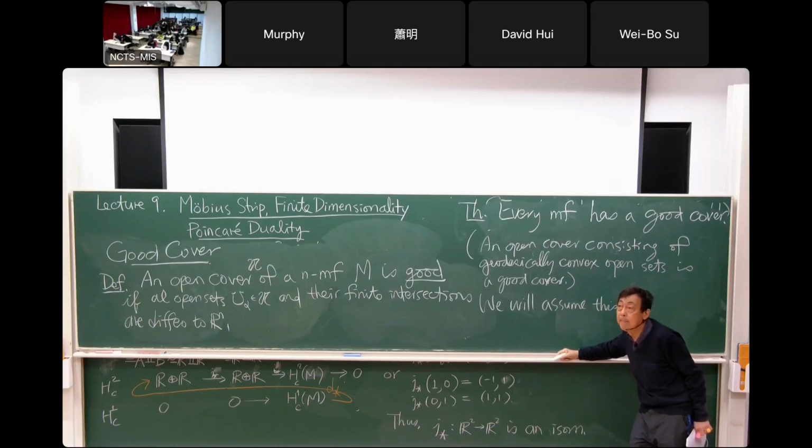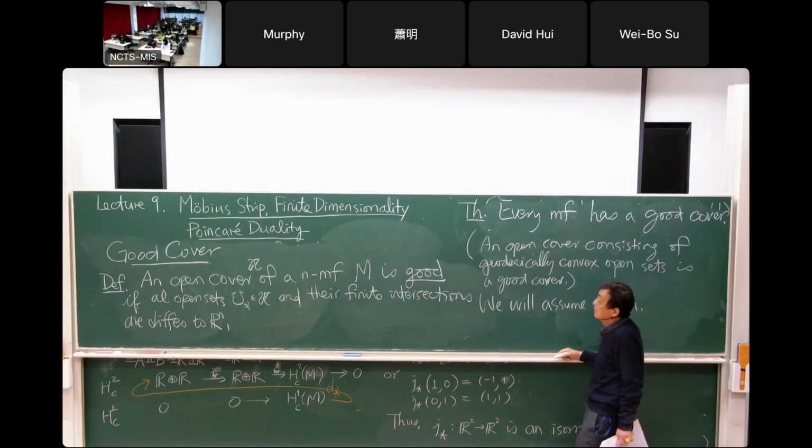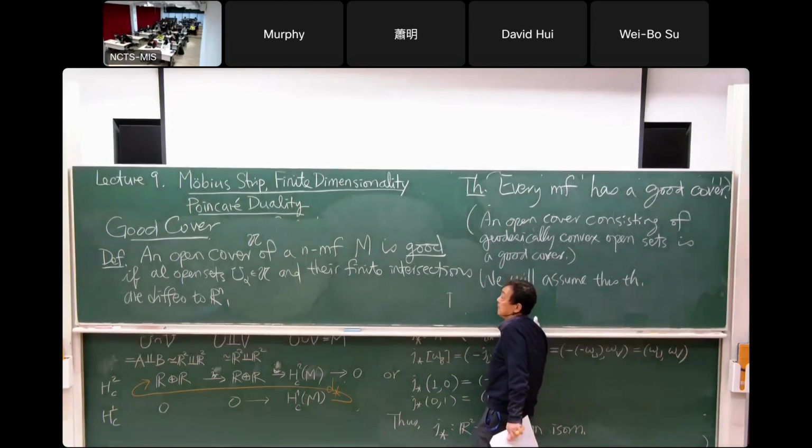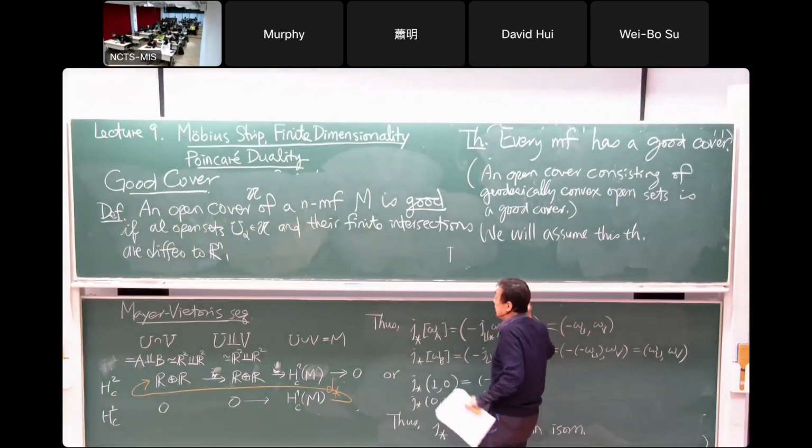Now, we say that a manifold is of finite type if it has a finite good cover.